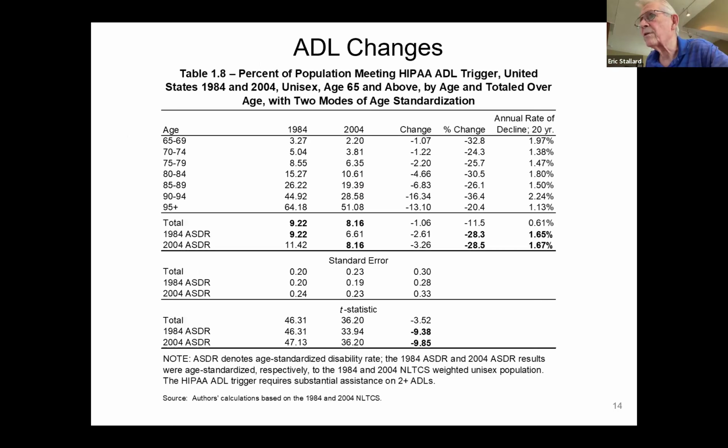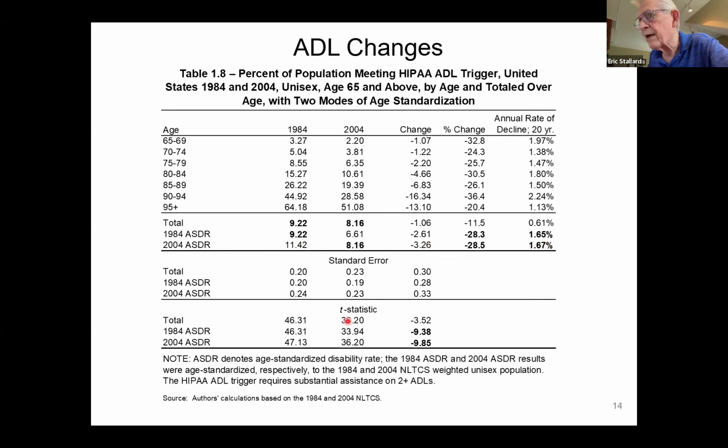This is a typical table that we used, where we get the age, we get the year, and we look at the change, and eventually we compute an annual rate of decline. And you can see, depending on which way we do the age standardization, at 1984 or 2004 as a standard population, we got a decline of around 1.7% per year, which is a little higher than the 1.5%, but it certainly supports the 1.5% reported in Manton's paper.